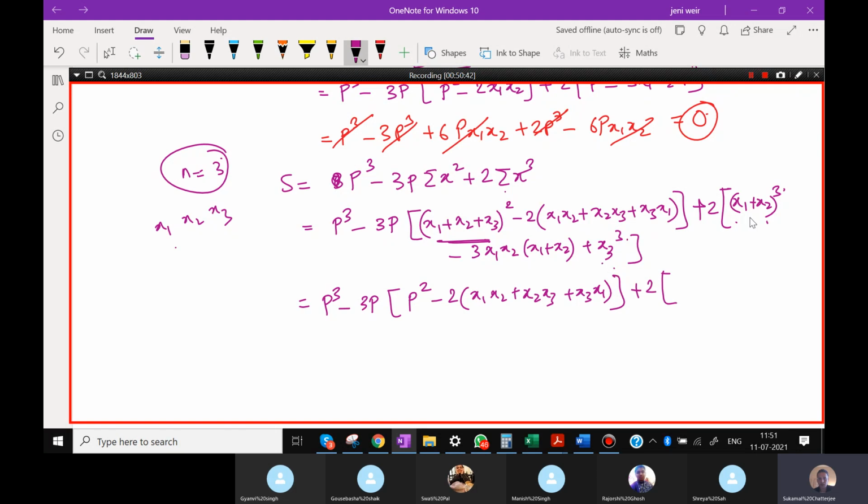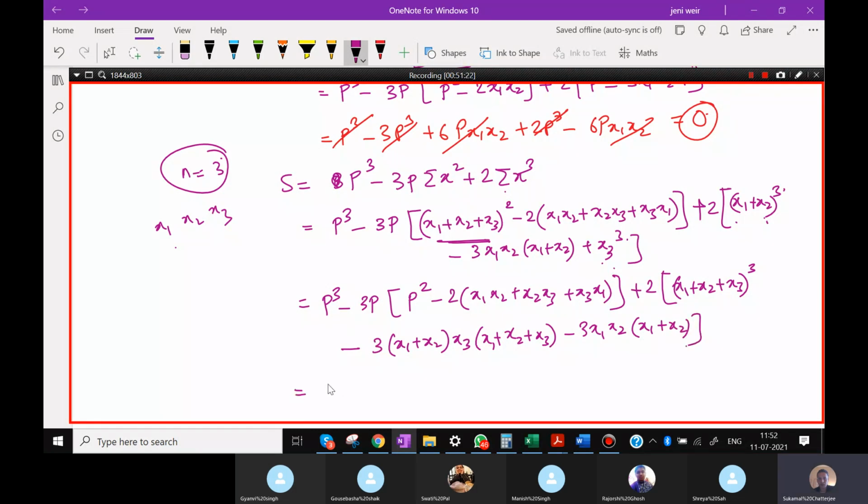This is again of the form a cube plus b cube. So x1 plus x2 plus x3 whole cube minus 3 into x1 plus x2 into x3 into x1 plus x2 plus x3. So a cube plus b cube is a plus b whole cube minus 3ab into a plus b. And then we are left with the third term, which is minus 3x1 x2 into x1 plus x2.